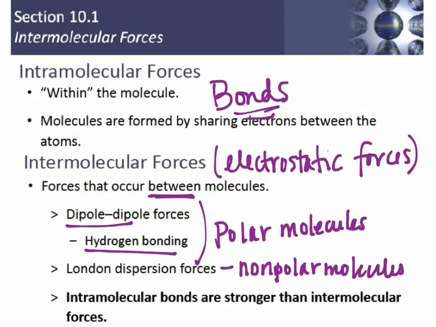And hydrogen bonding is special because it only occurs between hydrogen and what atoms? Oxygen. What else? Those are double bonds, triple bonds.